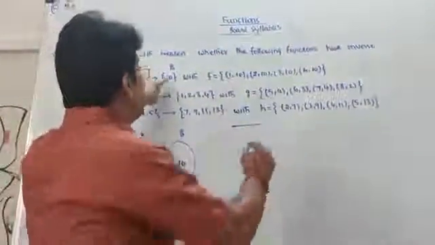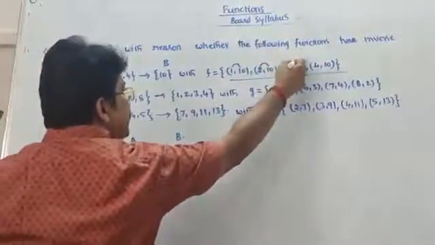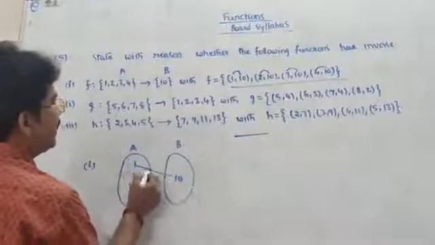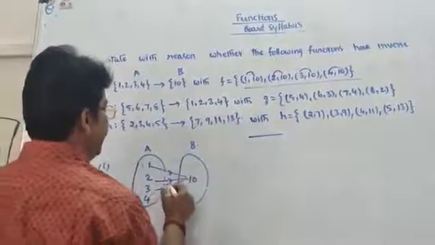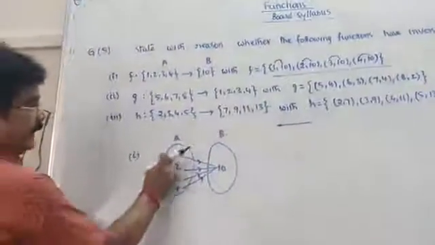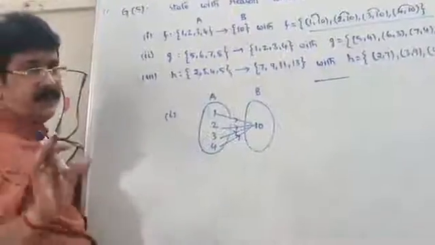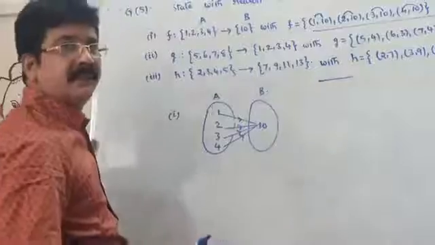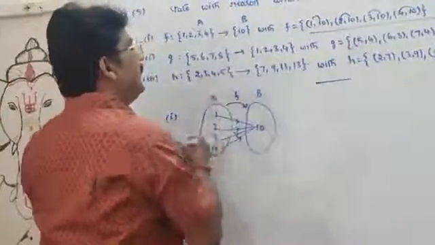The mapping is given: 1 to 10, 2 to 10, 3 to 10, 4 to 10. 1 is mapped with 10, 2 is also mapped with 10, 3 with 10, 4 with 10. So clearly it is a many-one function. Of course it is a constant function. I already explained the definition of the constant function in 11th standard.